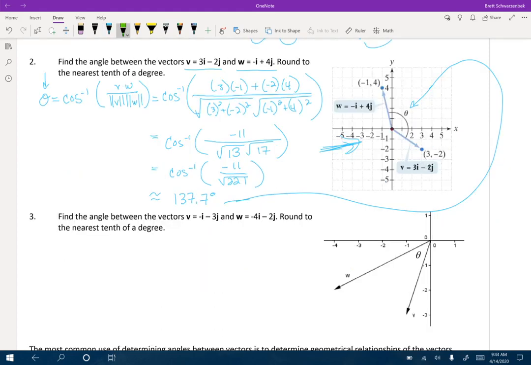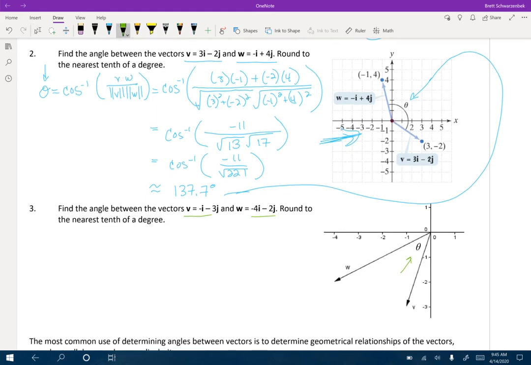So looking at number 3, we have two vectors that appear to be in quadrant 3, and we're looking for the angle that's snug between them on the graph. So we're using the same setup here, but I figured we'd do another example. So what are we looking at?